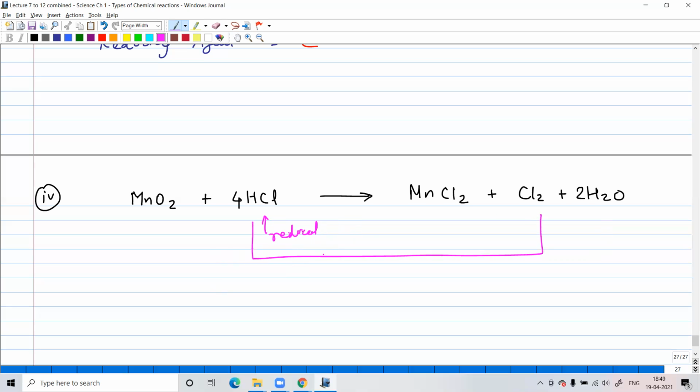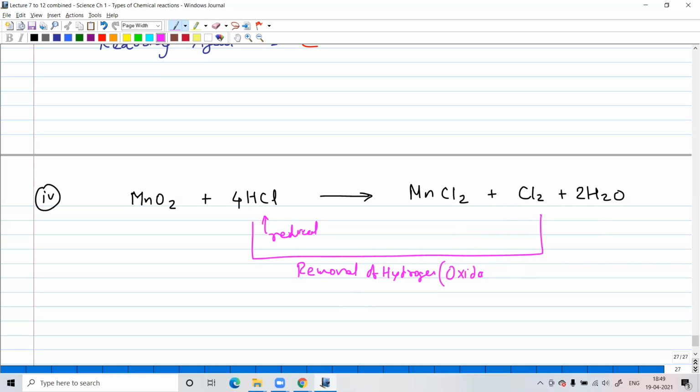What is the reason? Hydrogen is removed. Okay, I agree. It was hydrogen chloride here. Hydrogen got removed. Only chlorine atoms are remaining. So it's chlorine. But removal of hydrogen, what is it called? Oxidation, sir. Yes, it's not reduction, it's oxidation.